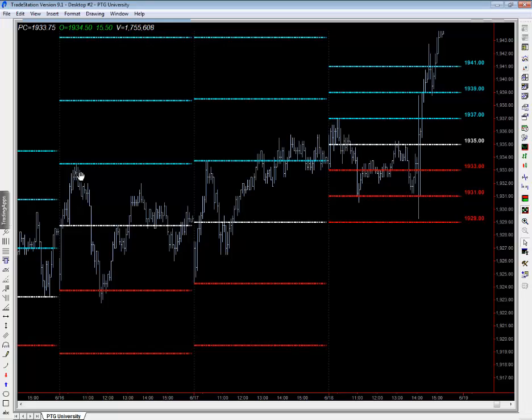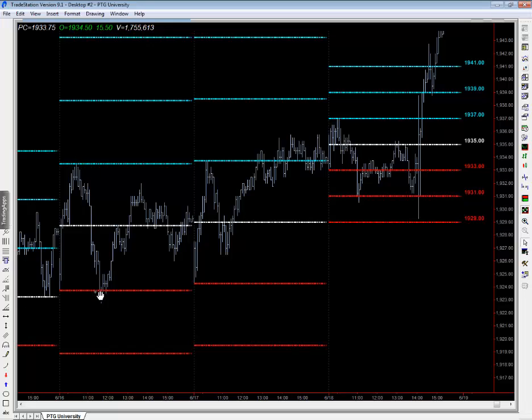Is it 5 points, 10 points, 12, 15? It's not quite defined, because that's in the eye of the beholder in terms of their own personal calculations. But I estimate a wide initial balance as 10 handles, going with the guideline of the 10 handle rule. So 8 to 10 handles is a fairly wide initial balance.